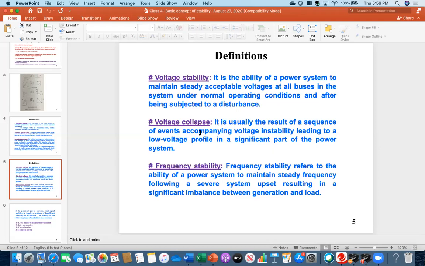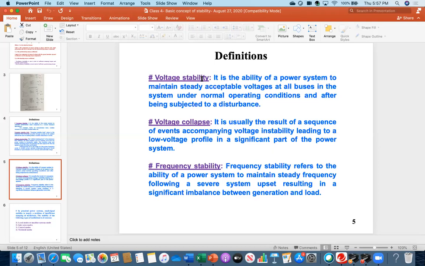Now, voltage collapse. You will find another terminology in the literature, voltage collapse, meaning that it is usually the result of a sequence of events accompanying voltage instability, leading to a low voltage profile in a significant part of the system. Voltage collapse means voltage has been so low, very close to zero, and there is no chance of coming back.